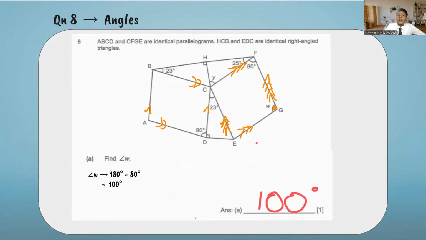A tip for you guys, when you have parallelograms, always label the properties. And also, when you're looking for interior angles, you should always search for this thing called a C shape. I'll show you here. This is a C shape.